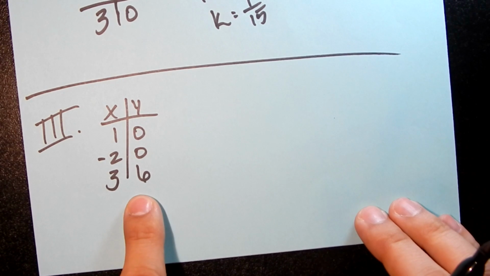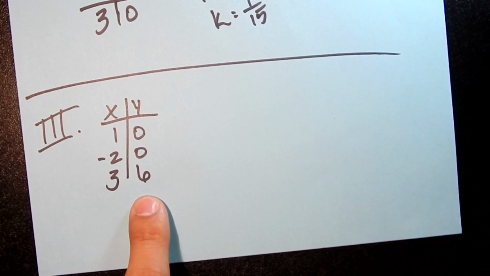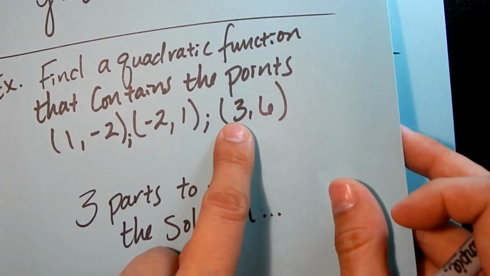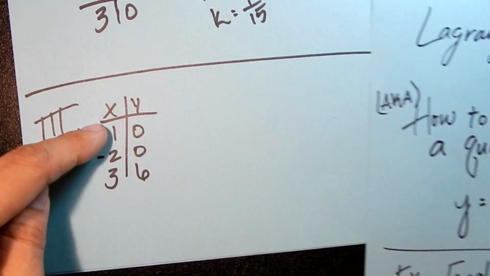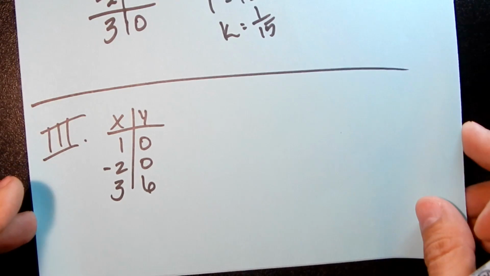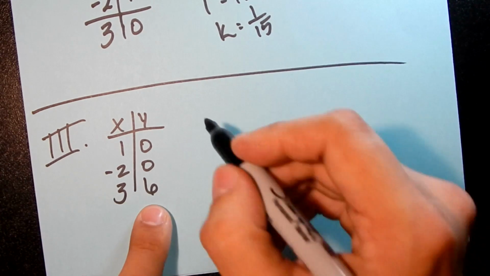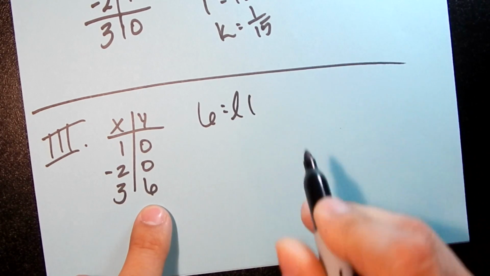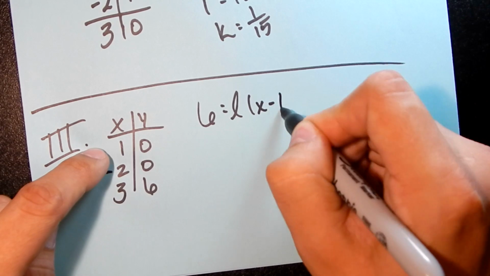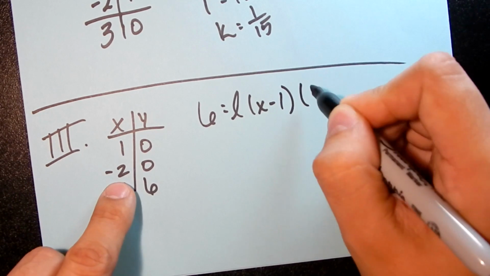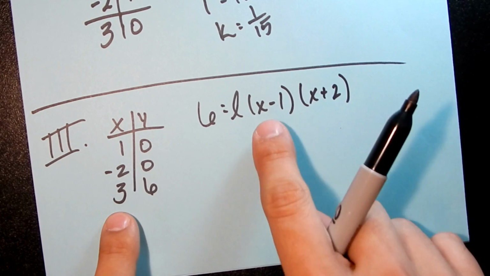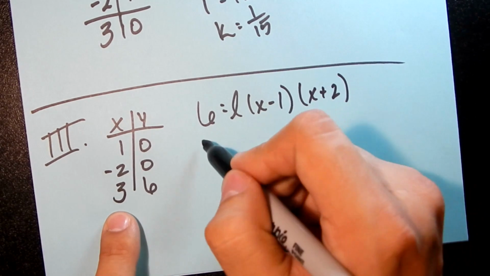So the third part, we're just working down the line here. The last two numbers are going to be the points that we were originally looking for. Notice that we had -2, 1, and 3, 6, the other ones are zeroed out. So for this one, we're going to say 6 is equal to L times this factor, x minus 1, and then this factor, x plus 2, and then we have to substitute 3 in for this x.